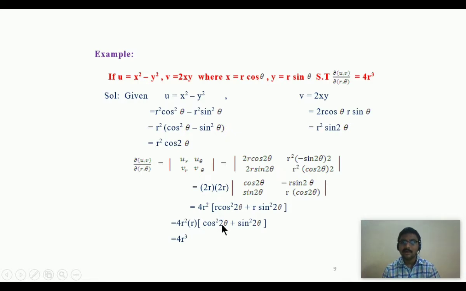Clearly here cos square 2 theta plus sin square 2 theta is 1. Cos square theta plus sin square theta value is 1. Here cos square 2 theta plus sin square 2 theta value is also 1.